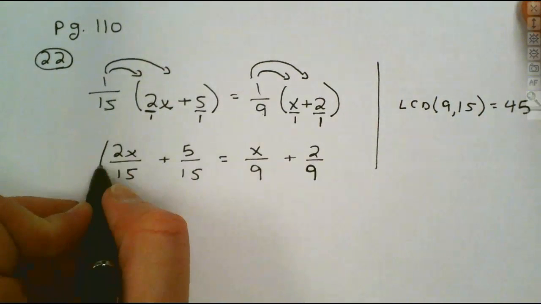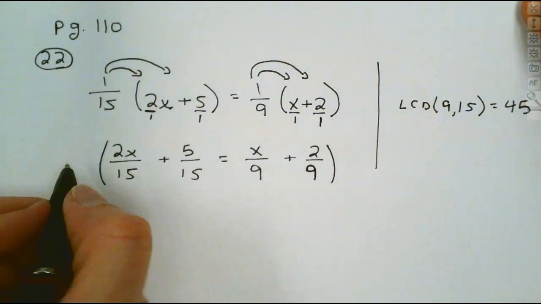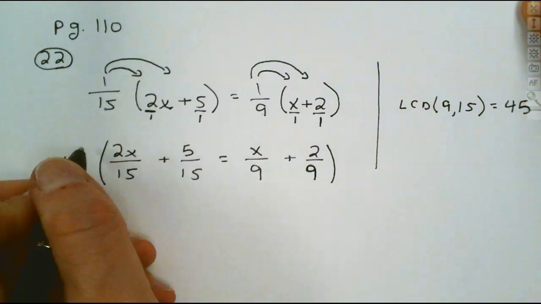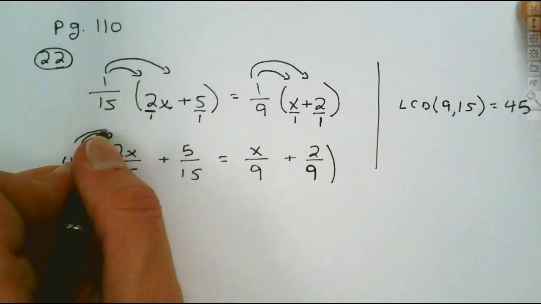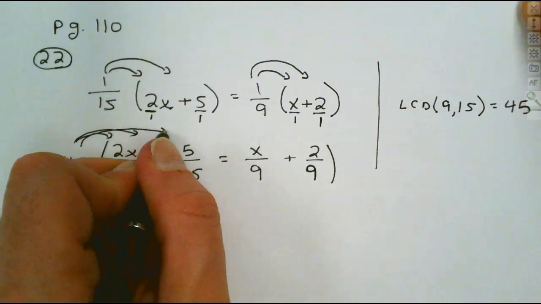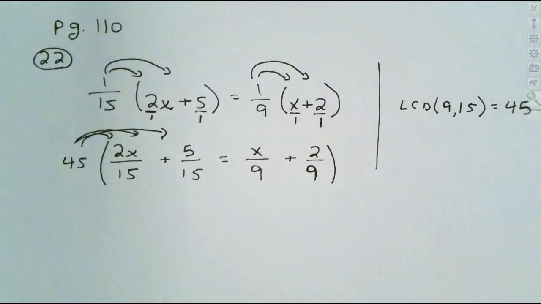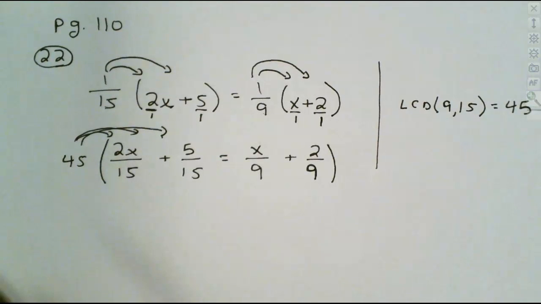And that in this case is going to be a 45. So now we'll put our 45 in front. And we'll start distributing through. Now again, what are we going to do? Divide by the number below, multiply by the number on the top. So 45 divided by 15.